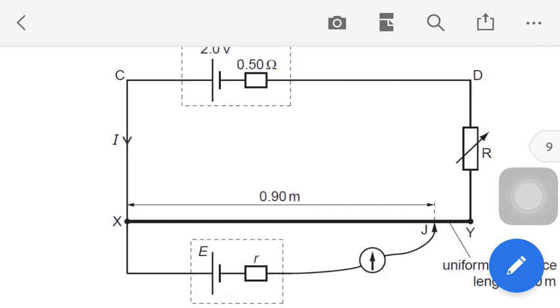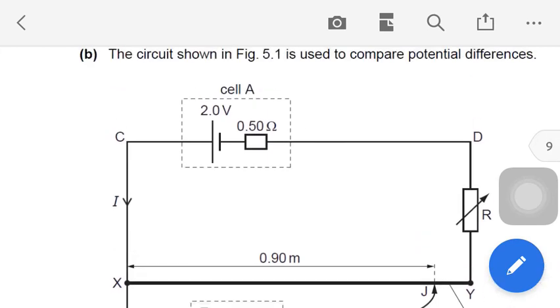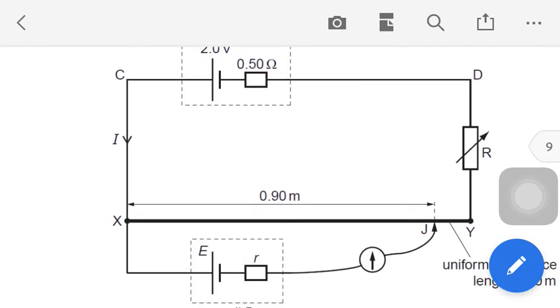So it's possible that some really enthusiastic persons would like to calculate the potential drops across the variable resistor and the internal resistor, and subtract it from the EMF to find the potential drop across the wire, and then divide it according to the ratio. And to do that, he would think, yes, I can do that because I know the current value by now, which is 0.286 amps, and I know the variable resistor value, I know the 0.5 ohms.